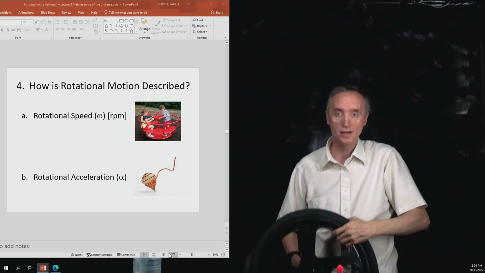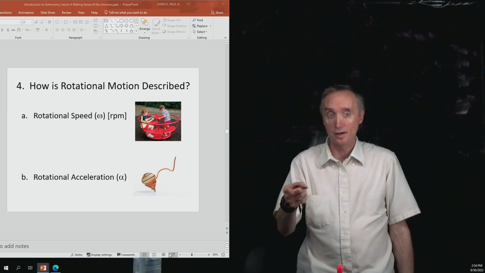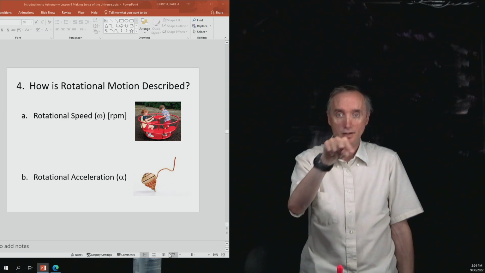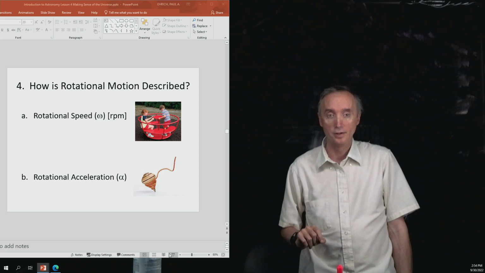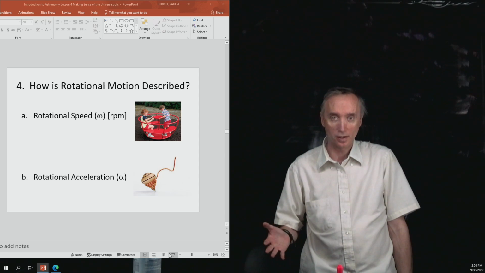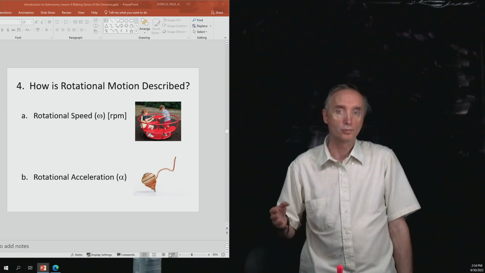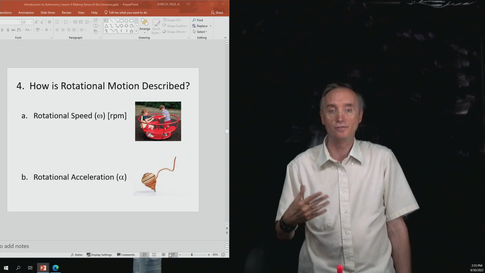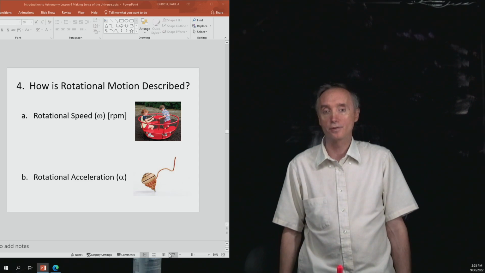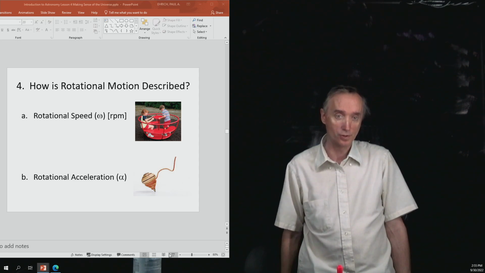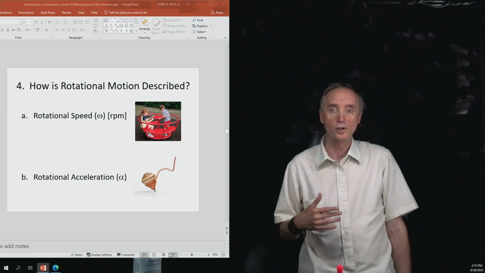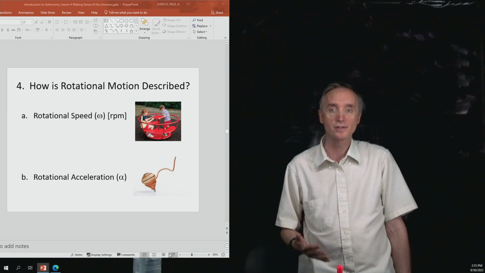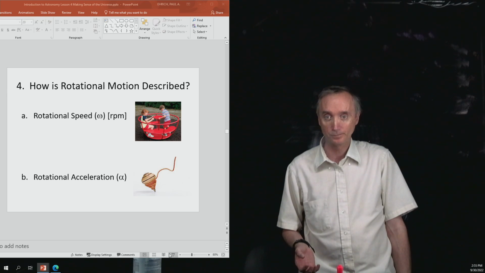If it's going at 10 RPMs, then it will go around 10 times in 1 minute. So there's a formula that goes with rotational speed, like there is a formula that goes with linear speed, but we're not concerned with it. I just want you to know, what do I mean when I say that something has a rotational speed?